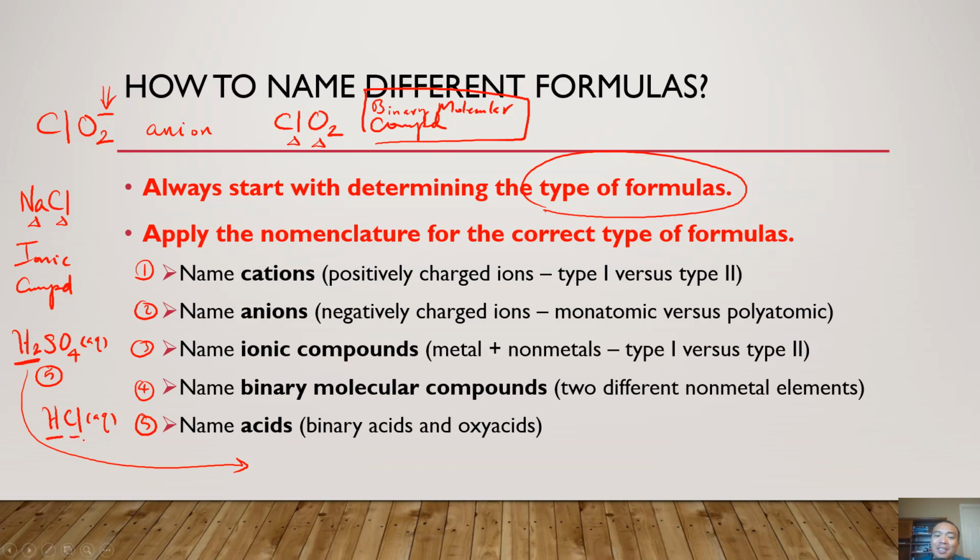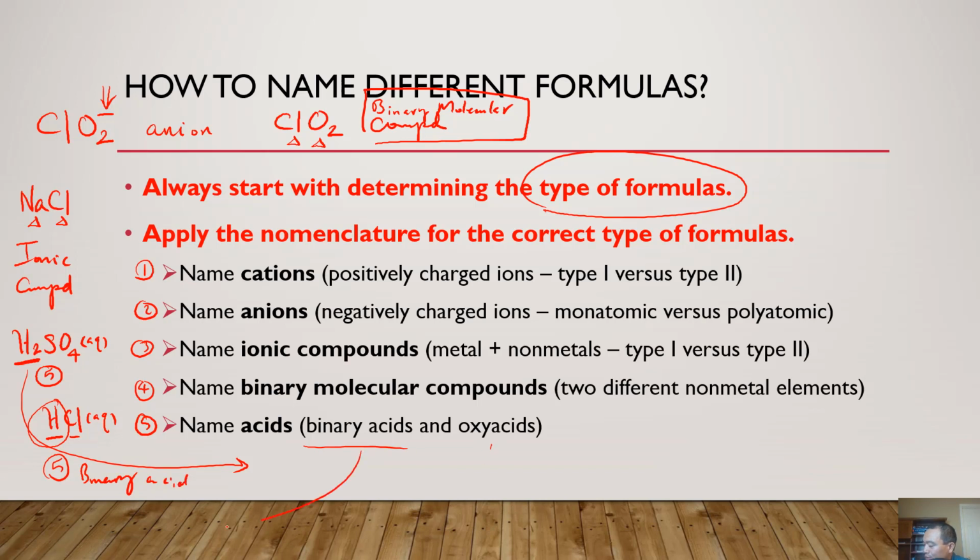It looks like you can classify this as a binary molecular compound. But we single it out because this is a special type of binary molecular compound. It is an acid. It is binary, but it contains hydrogen to begin with. That's why we call this a binary acid. So this is also number 5, but more specifically, this is a binary acid.